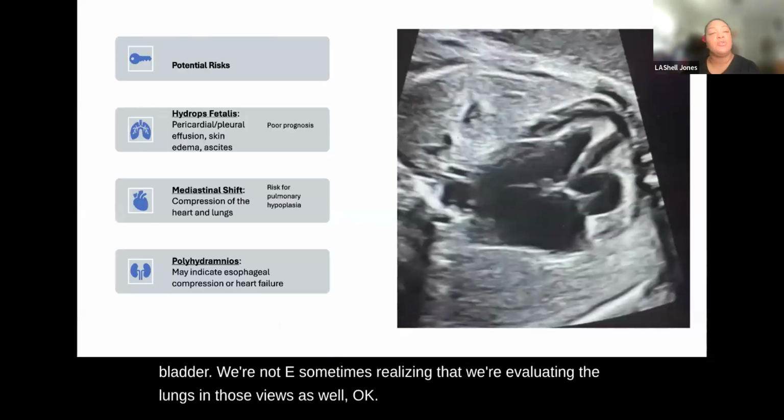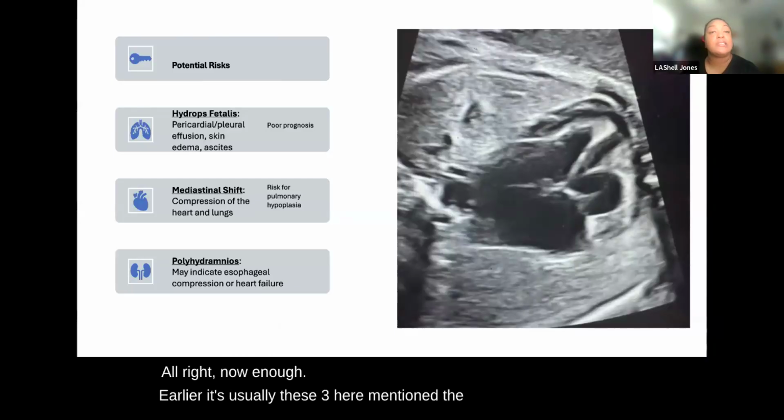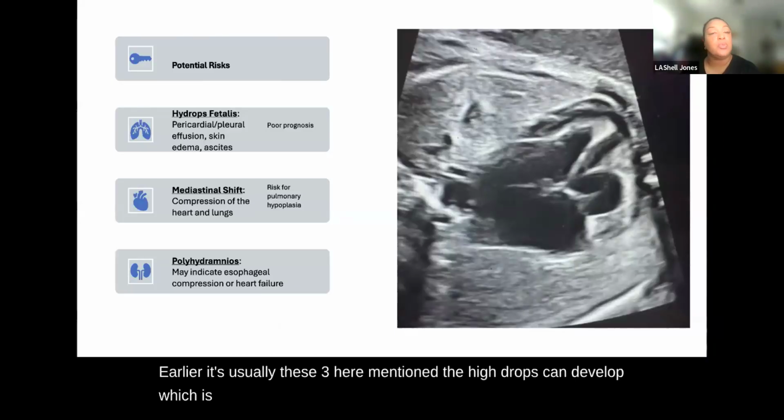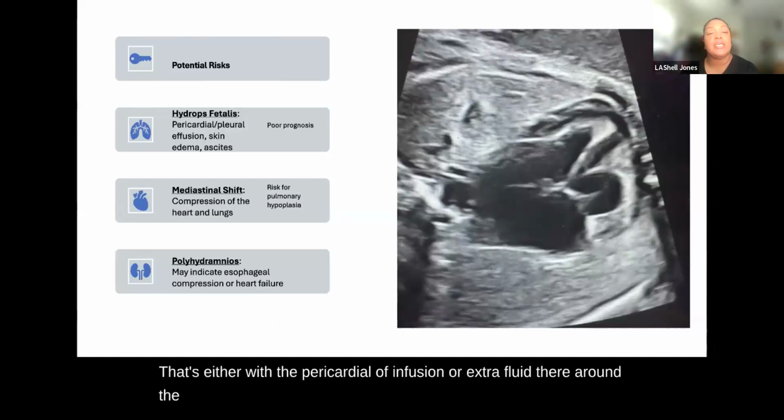All right. Now, those potential risks that I was speaking of earlier are usually these three mentioned here. Hydrops can develop, which often ends in a poor prognosis. With hydrops, that's either pericardial effusion, or extra fluid around the heart, pleural effusion, skin edema, and ascites.